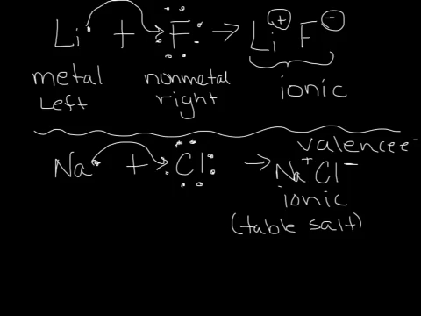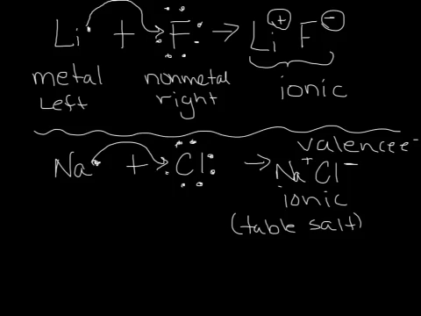Any ionic compound is called a salt. Anything that has opposite charges, that's metals and nonmetals, is also called a salt. It's just another name for ionic. We call sodium chloride table salt because that's the one we eat. We can't eat all salts. We only eat table salt.